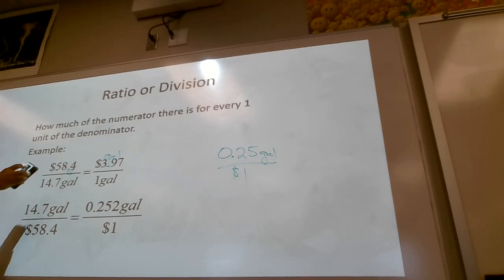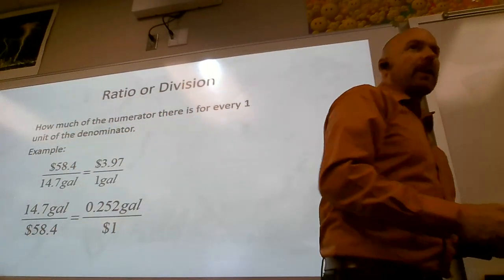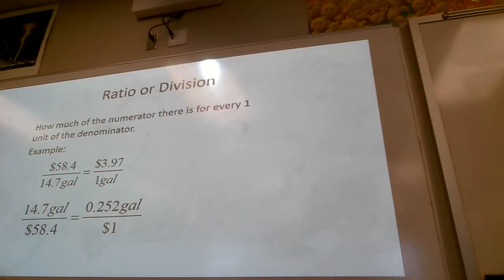Okay, this is what you should write down. Ratio communicates how much of the numerator there is for every 1 unit of the denominator. All right, and you've done division since elementary school.